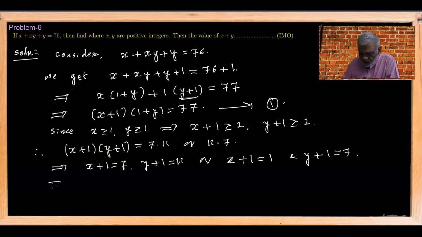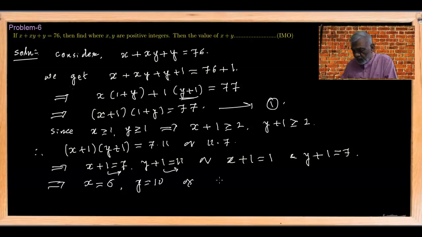And this implies x is equal to 6, taking 1 to the right hand side, and y is equal to 10. In a similar way, taking this 1 to the right hand side, x is equal to 10 and y is equal to 6.